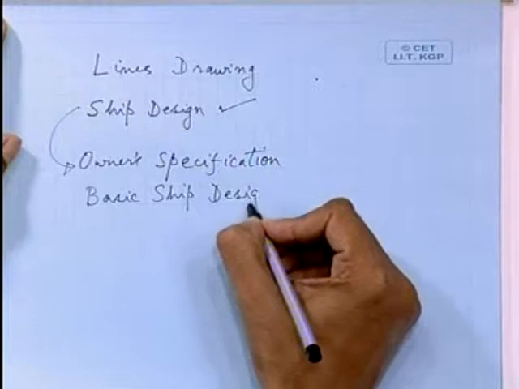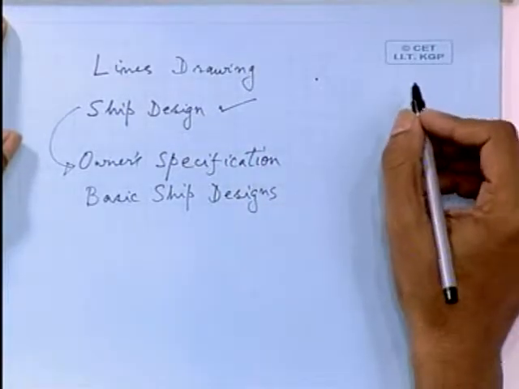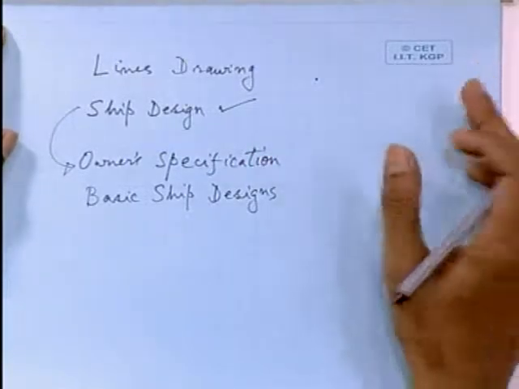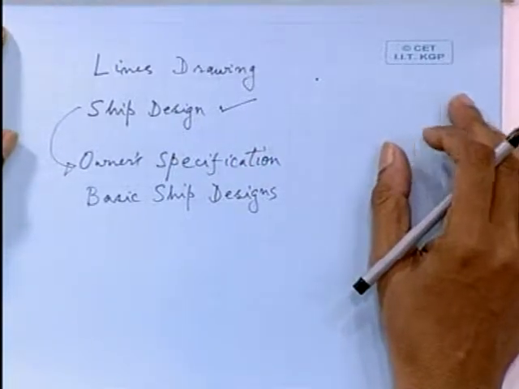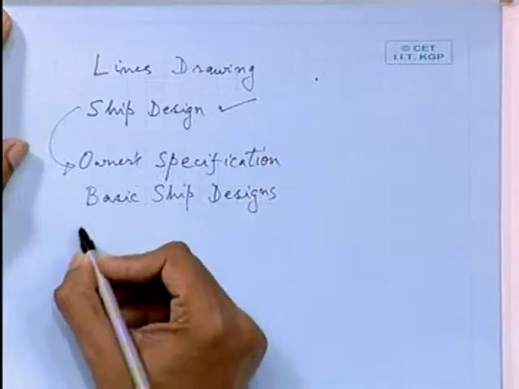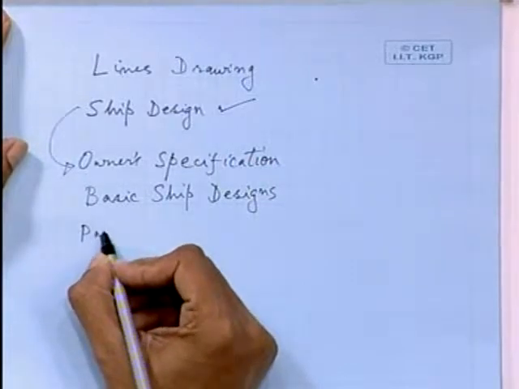That means once the owner says that he wants, say, 26,000 tons of cargo to be transported from, say, Bombay to Dubai, or from Bombay to any other port, the naval architect looks up the data. Basic ship designs are a set of data of similar ships that have already been built, and from that he tries to configure the parameters.